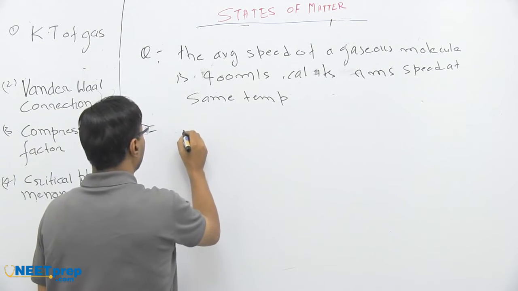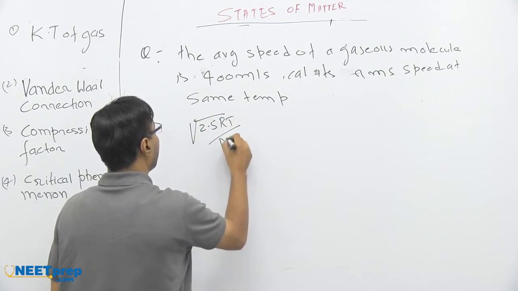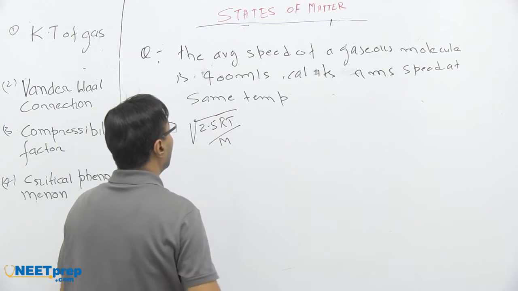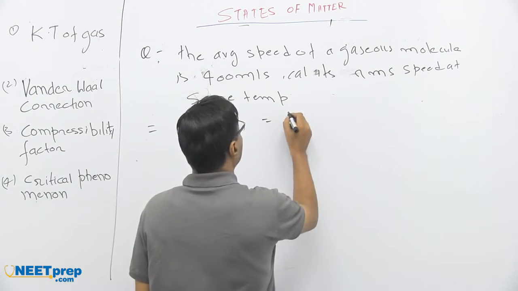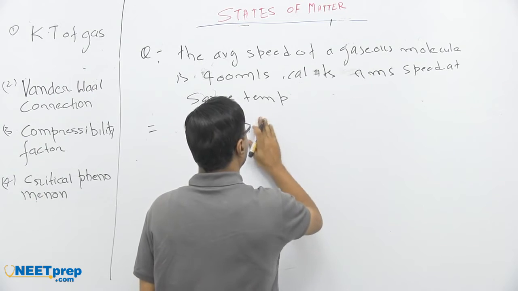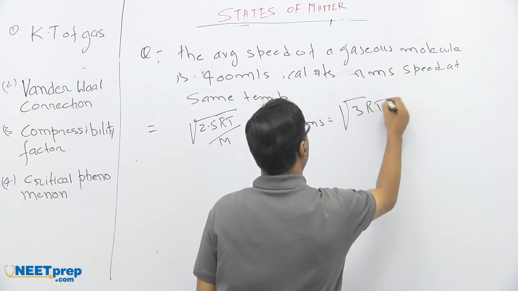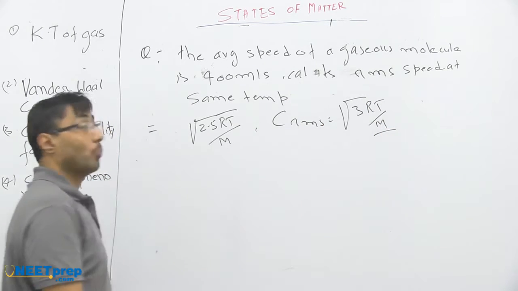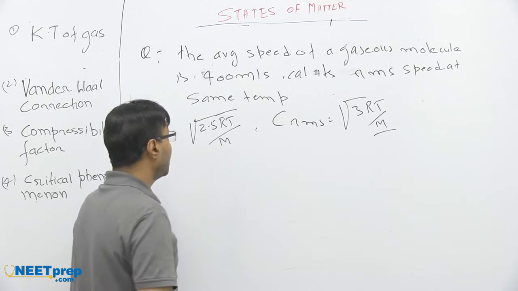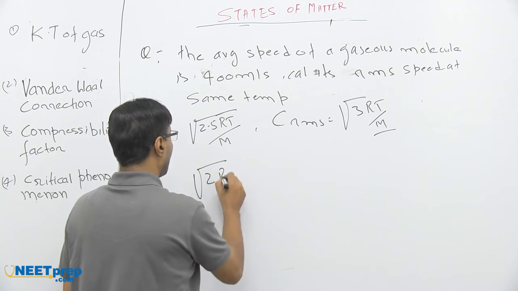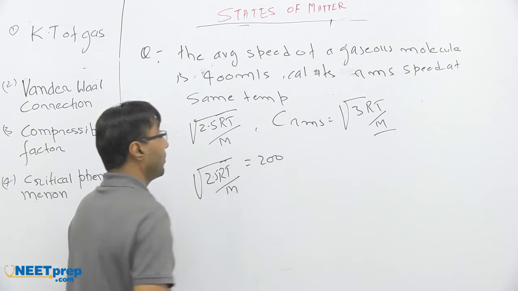So what is the average speed? Average speed is under root 8 RT by pi M, and C RMS is under root 3 RT by M. The value of the average speed is given as 400.